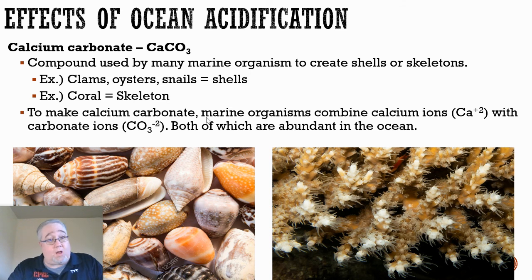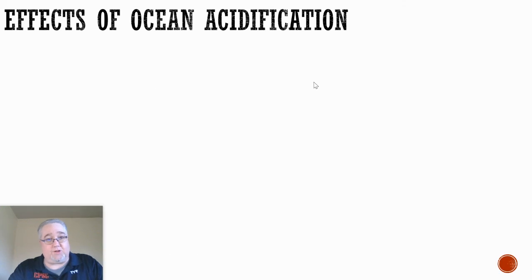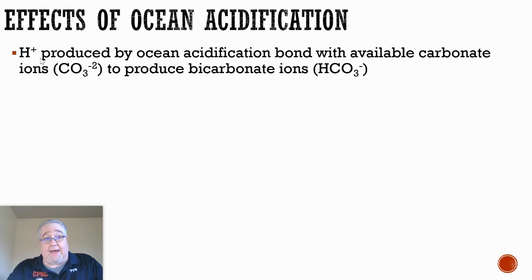Now, carbonate is also an ion that is found in the oceans in great abundance, but there's a problem with carbonate ions anytime you have ocean acidification. It says here that hydrogen ions are produced by ocean acidification, so remember those two equations that I showed you. We get those hydrogen ions.